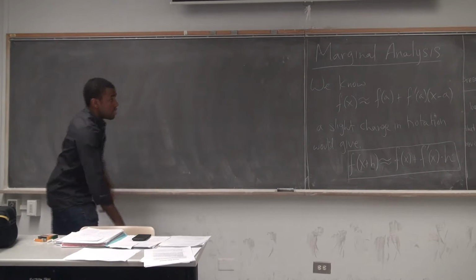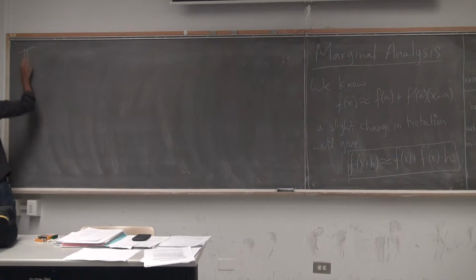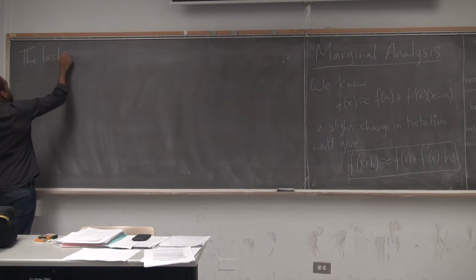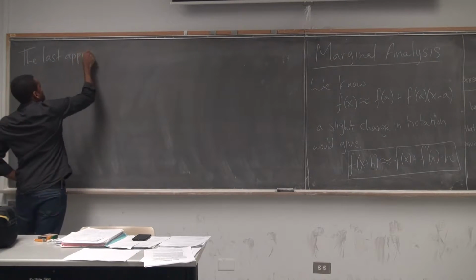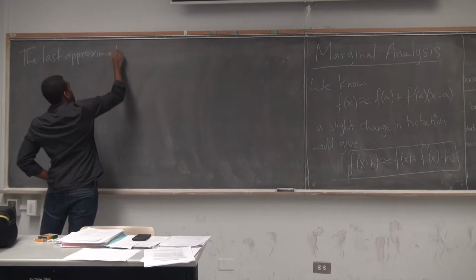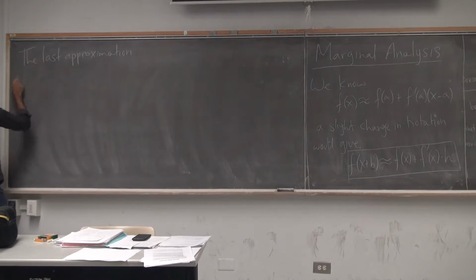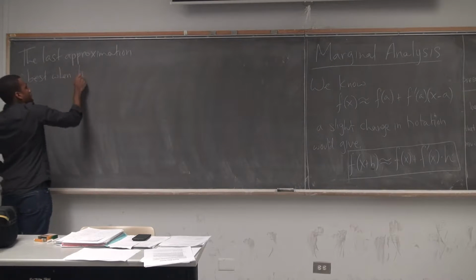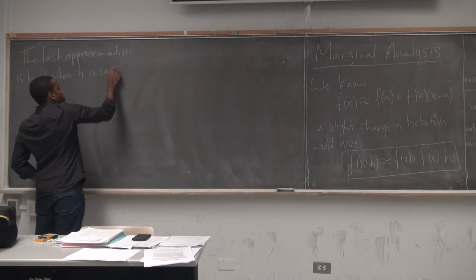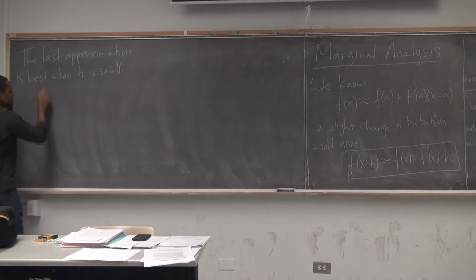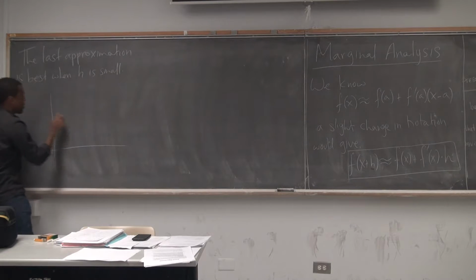So the idea is the linear approximation is best when h is small. Right? So the situation is very similar. It's just a matter of changing notation. So instead I have my tangent line here.